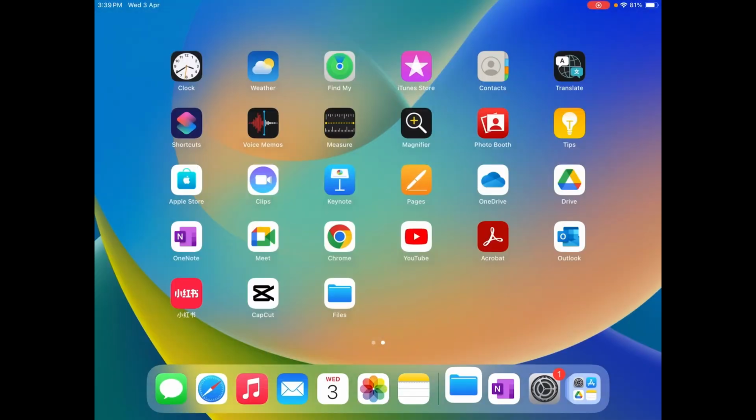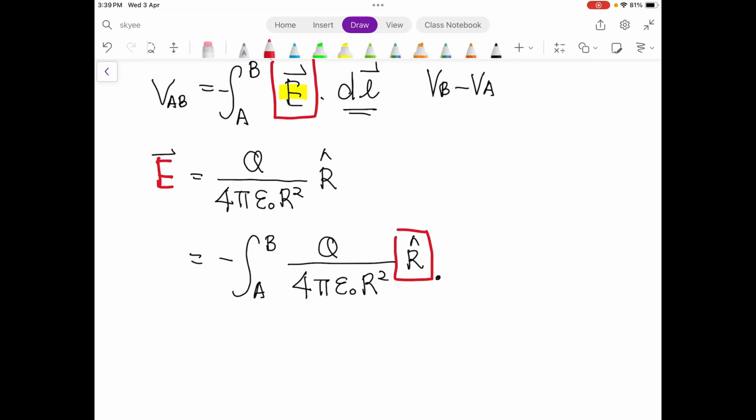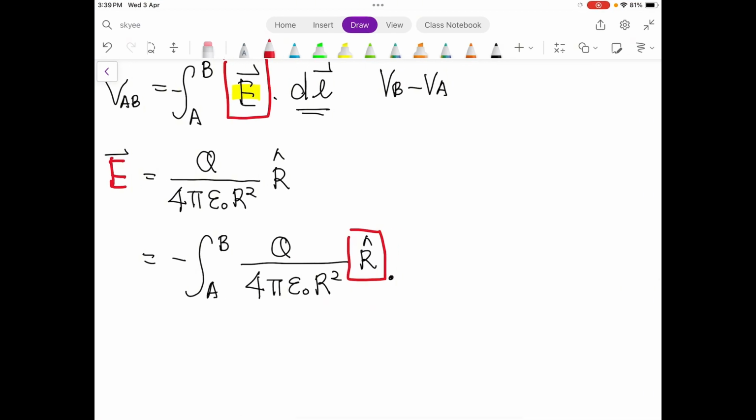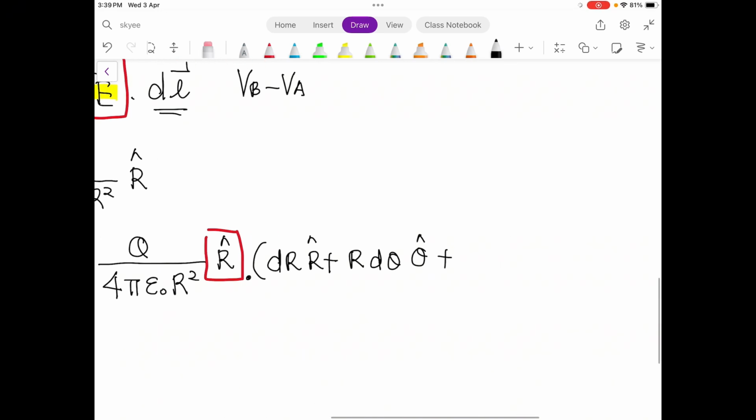So it will be equal to, just putting this one here, dr, r direction, r d theta, theta direction, and r sine theta d phi, phi direction.